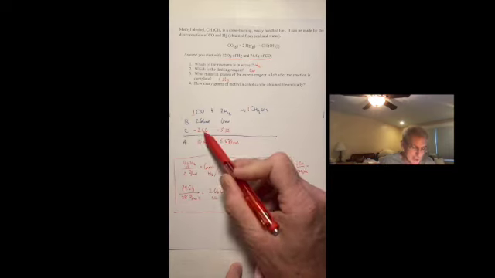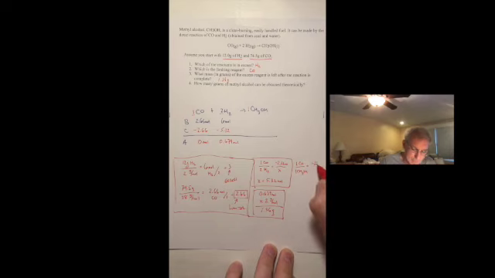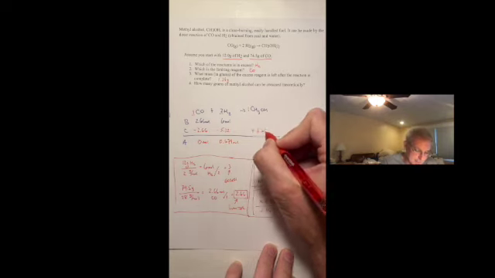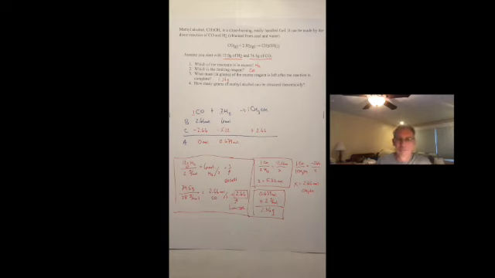And I know my change was negative 2.66. So I can put this as an X. And when you cross multiply, you find out that X is 2.66 moles of CH3OH.